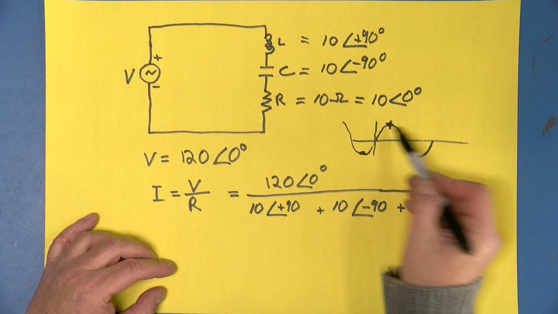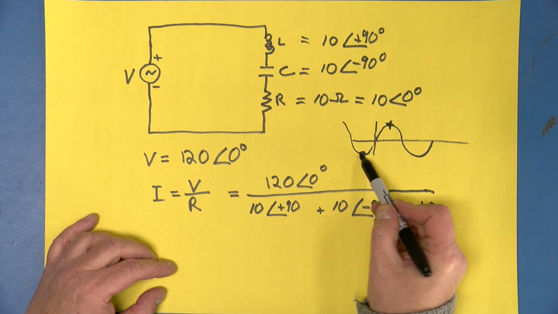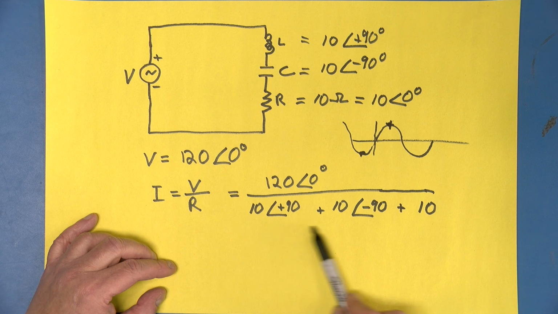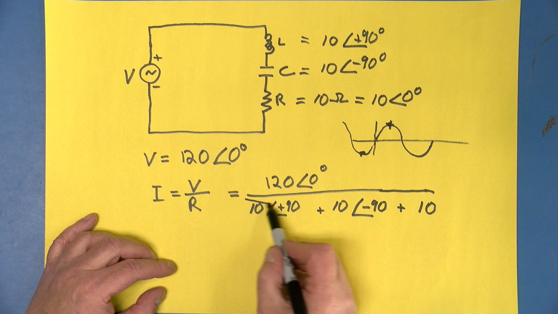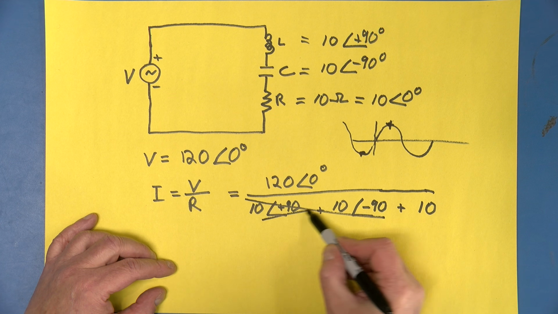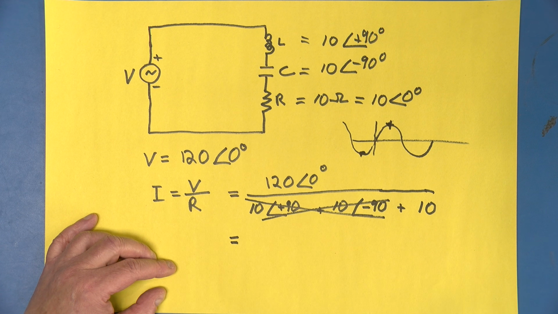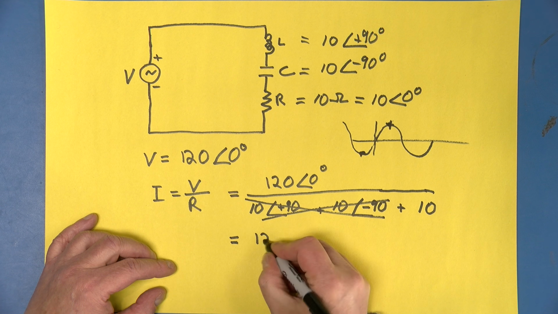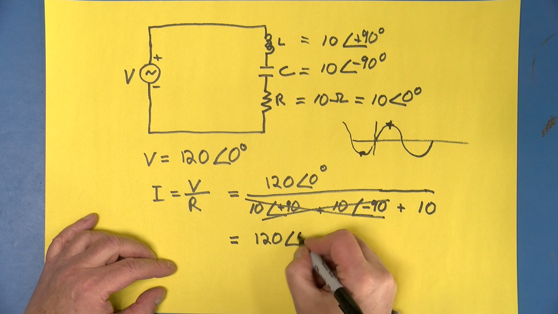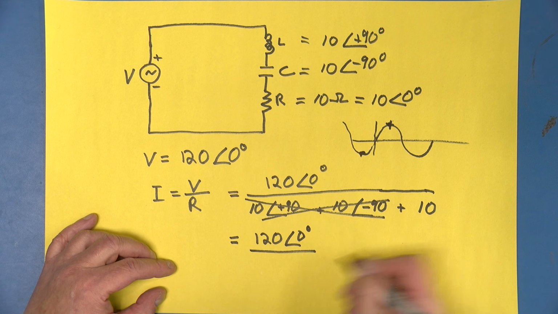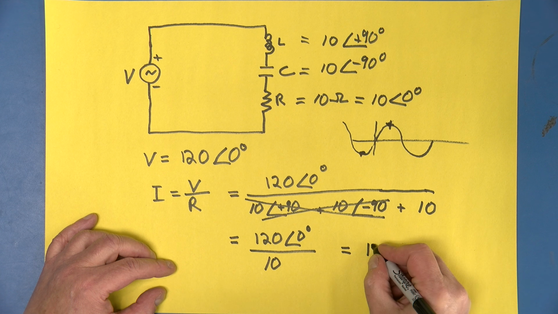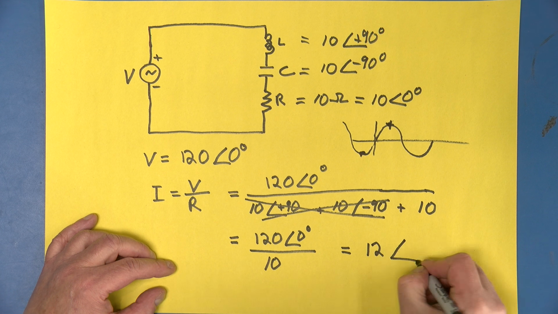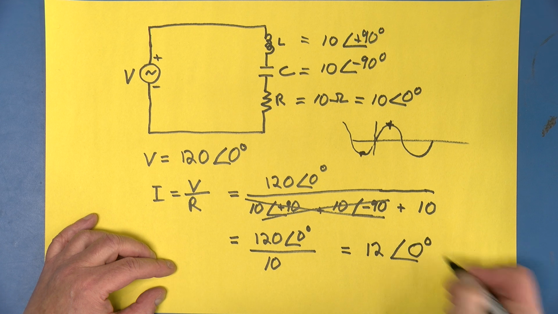So plus 90 is at 1, minus 90 is at minus 1. Well, the answer is these two numbers are equal and opposite. And you know what that means? They cancel out completely. And so we end up with 120 at an angle of 0 degrees volts over 10 ohms equals 12 amps at an angle of 0 degrees.